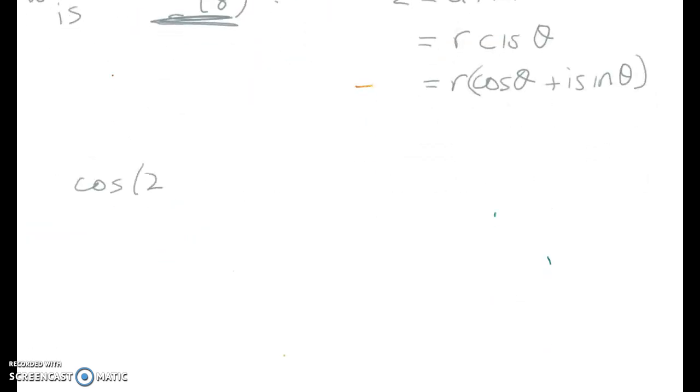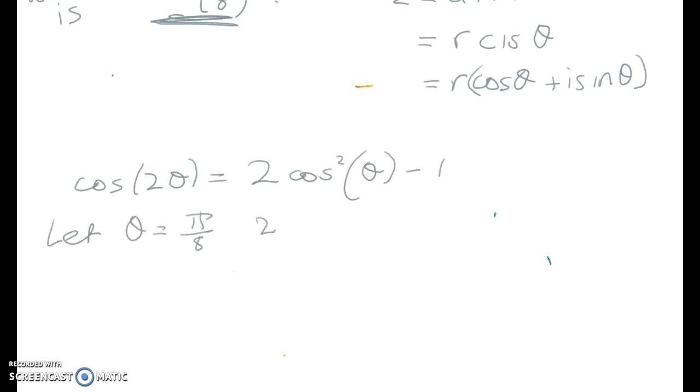So the double angle formula is this: cos of 2 theta is equal to 2 cos squared theta minus 1. So here we're going to have theta is pi on 8, 2 theta is equal to pi on 4. That helps me because I know that cos of pi on 4 is 1 on root 2.